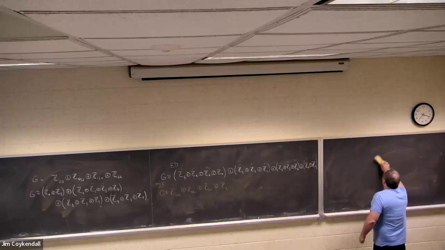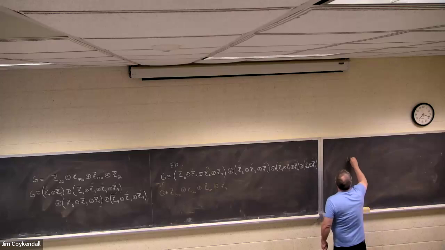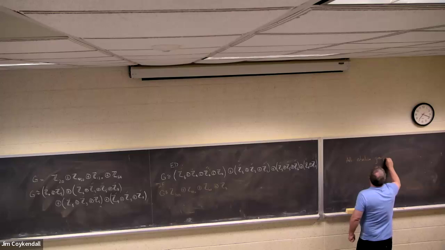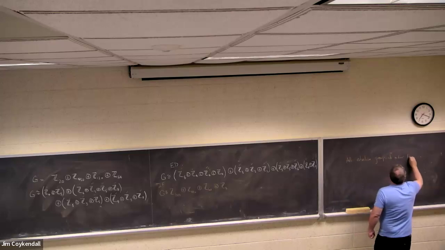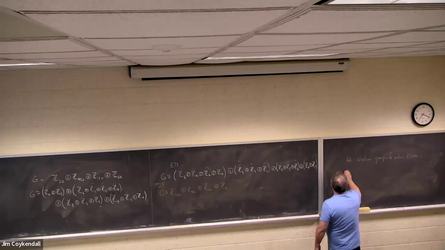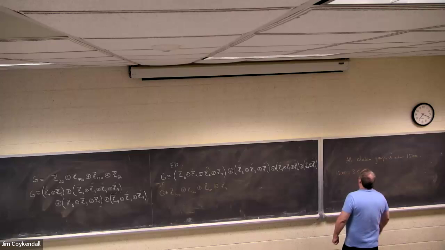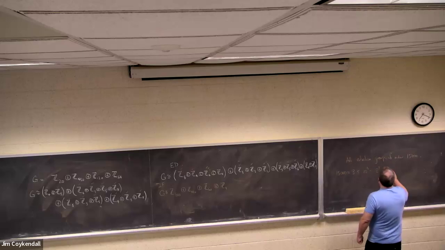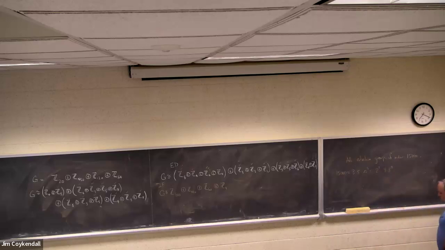So you're trying to find all abelian groups of order 15,000.